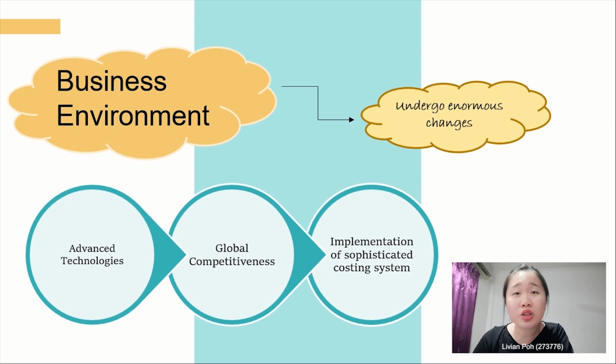This has increased the global competitiveness of the company, as companies now no longer compete locally, but have to compete with companies from the other parts of the world. These changes force companies to implement more sophisticated costing systems.